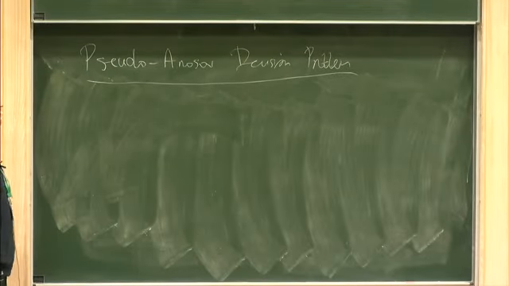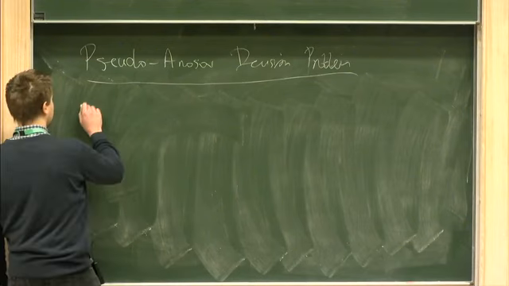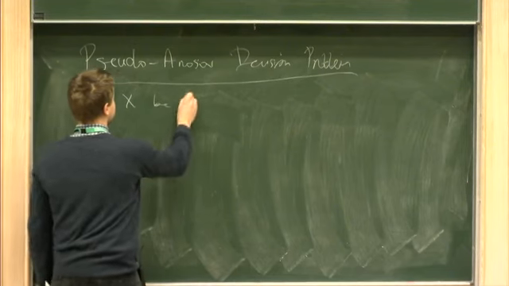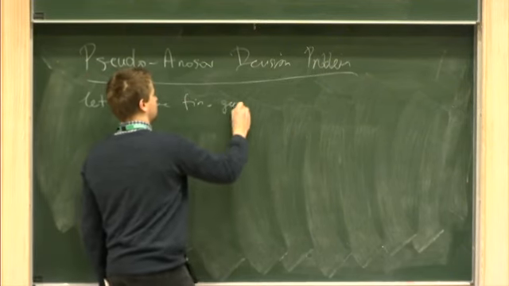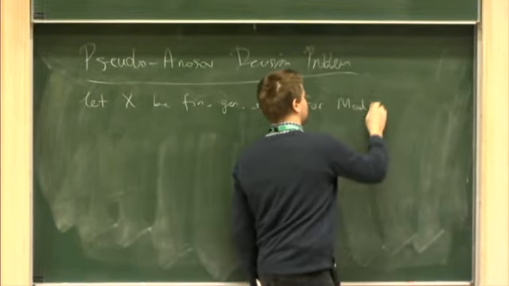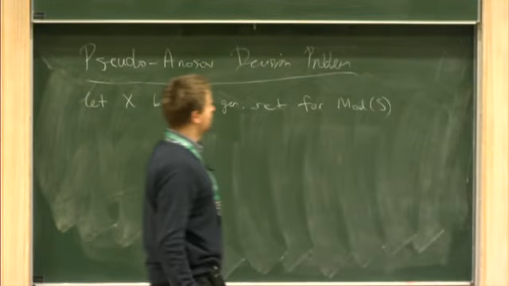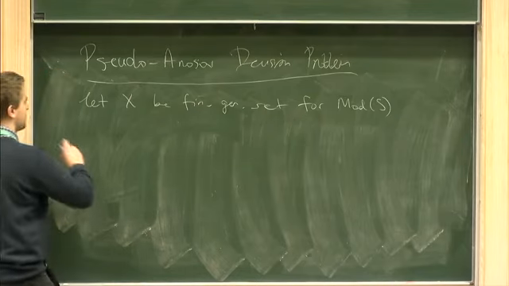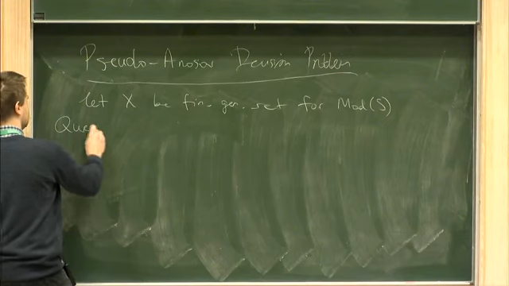So that leads us to the following decision problem. What's the setup? Let X be a finite generating set for the mapping class group. It could be a set of Dehn twists, for example. And what's the question?